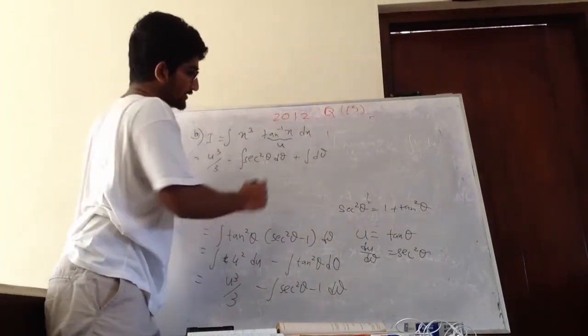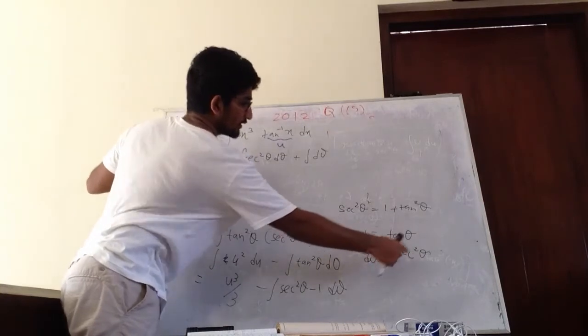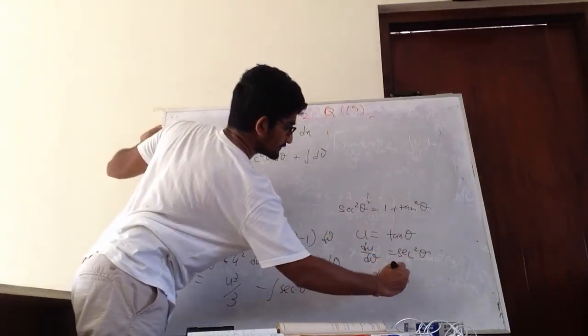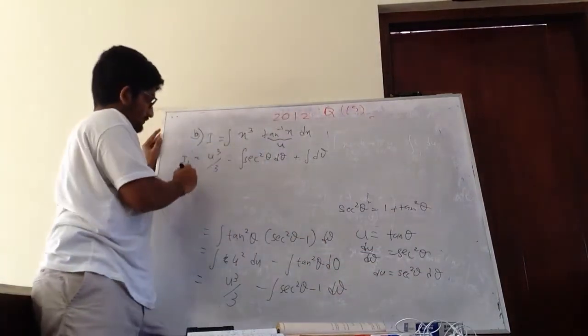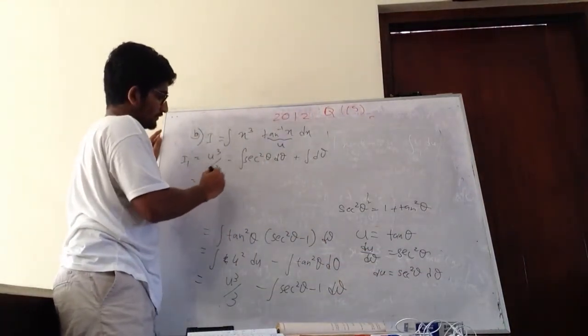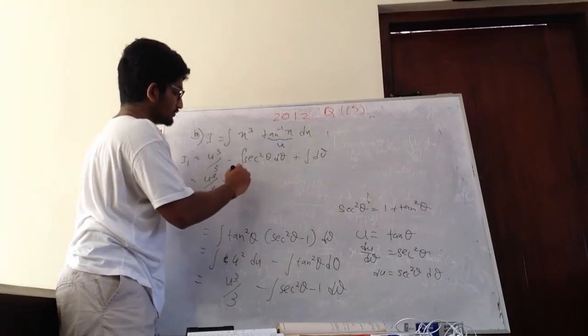So now sec square theta d theta is what? This is going to be du.